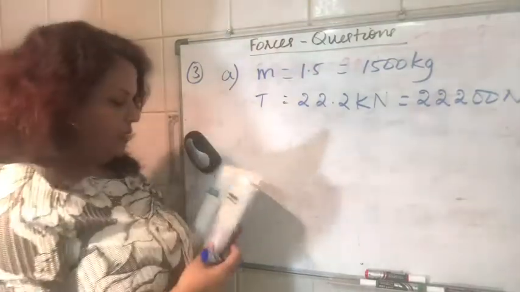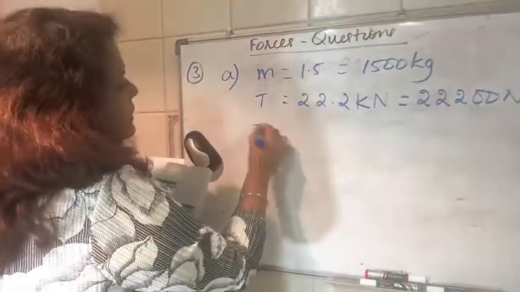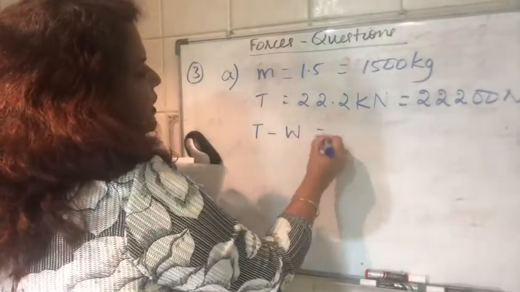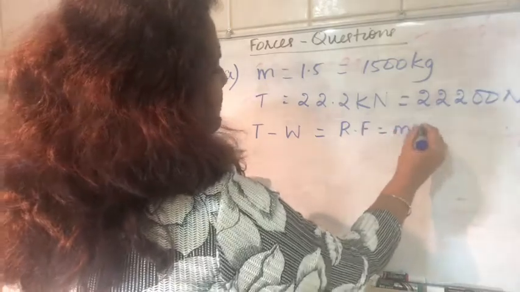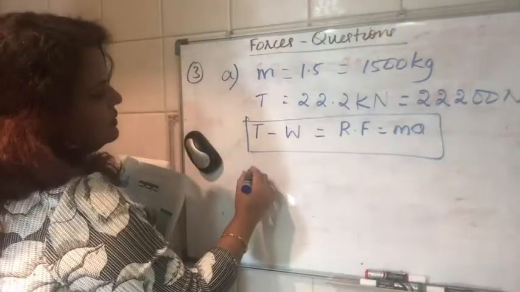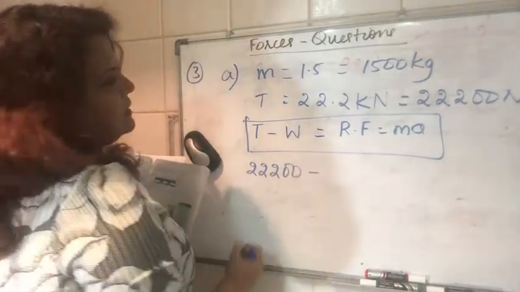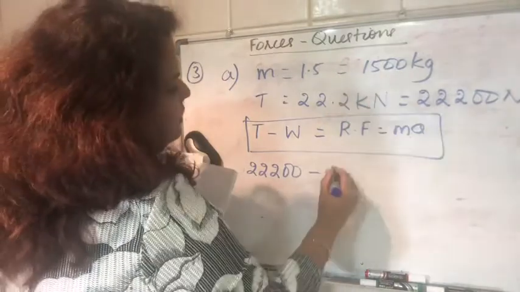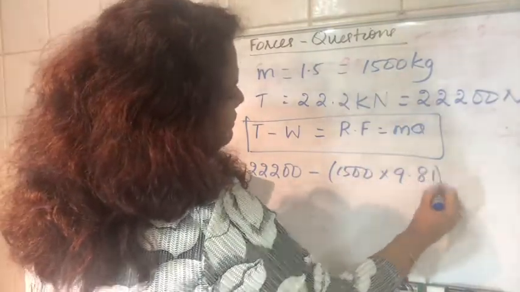So what will be our equation here? It is raised by a cable. So tension minus W will be equal to the resultant force. That will be equal to MA. This is our equation. Now the tension is 22,200 minus W. W, how can I find out? 1,500 multiplied by 9.81.